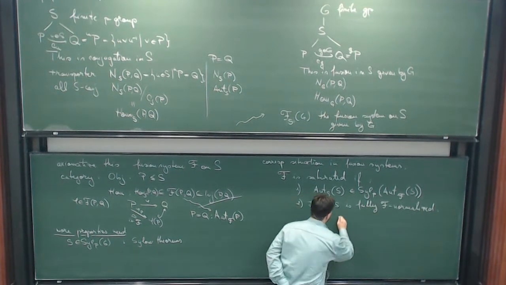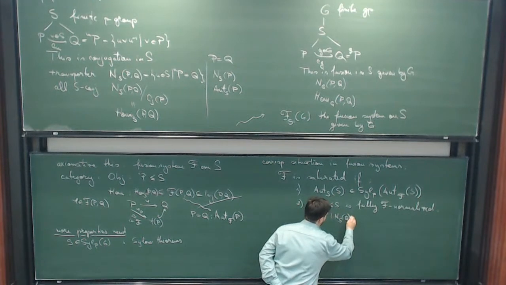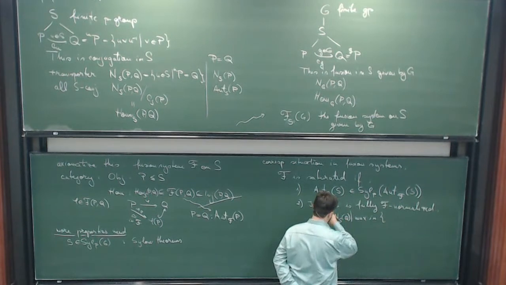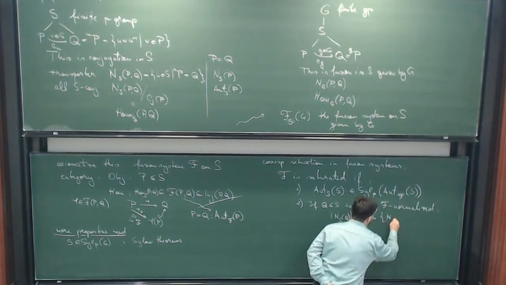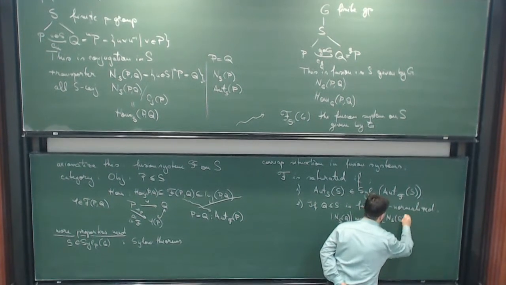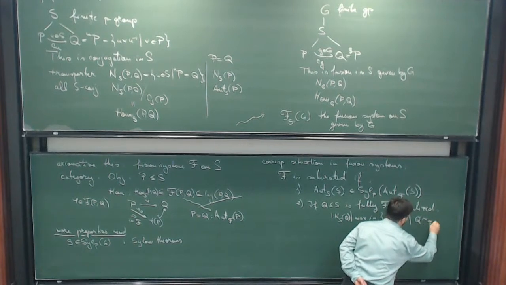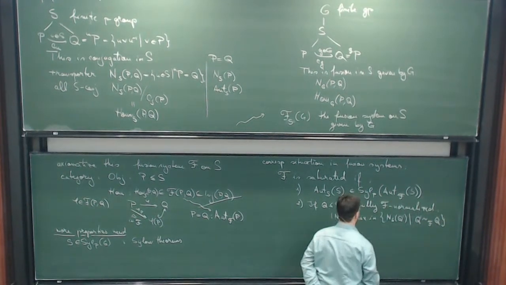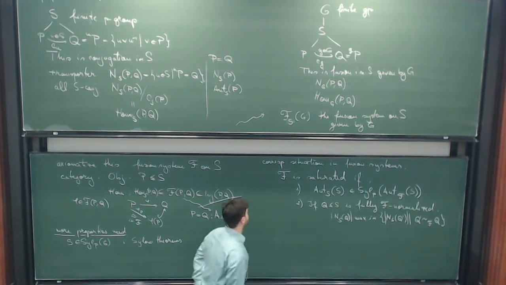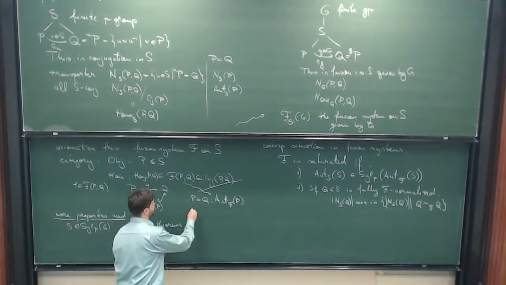Meaning that the normalizer of this subgroup is maximal among the normalizers of subgroups that are F-conjugated with Q. So the cardinality of it is maximal, and I see that I need another notation here.